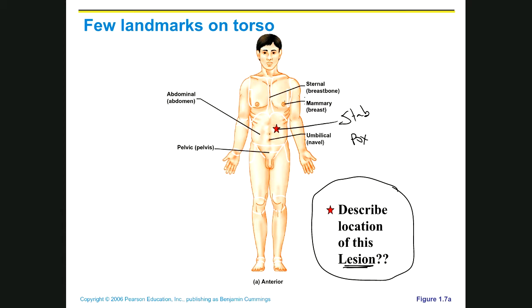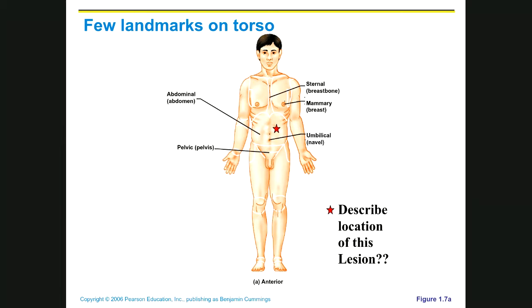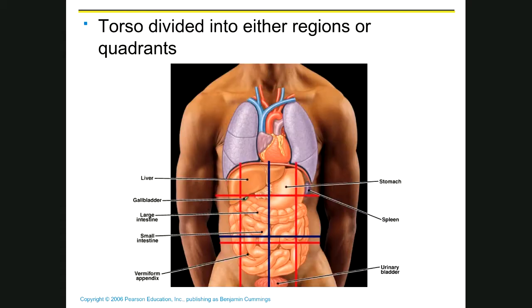So to make it easier, we artificially divide this space up. There are two ways to divide it: we can use either quadrants or regions.